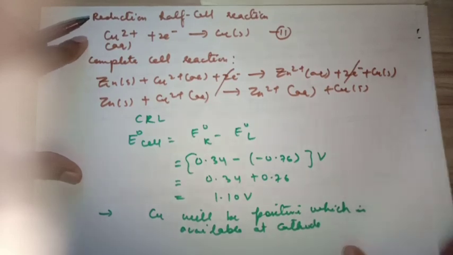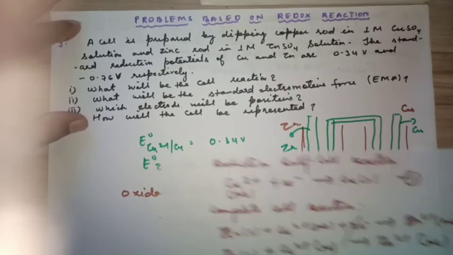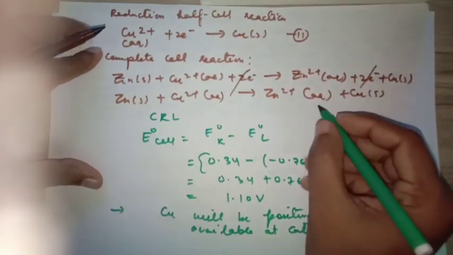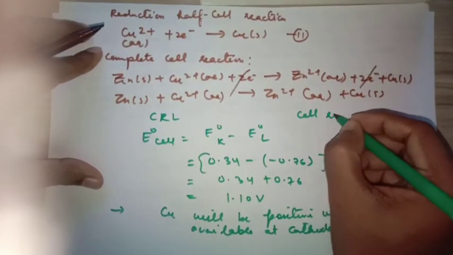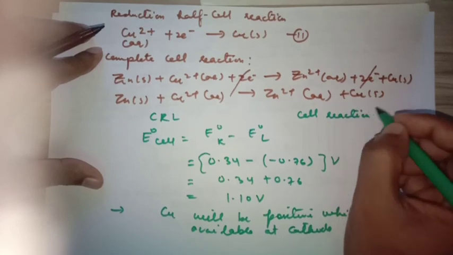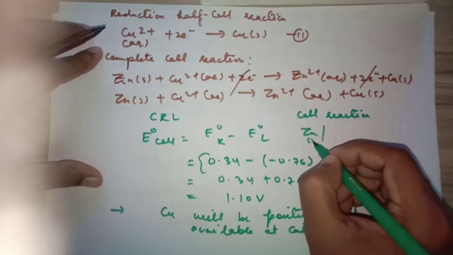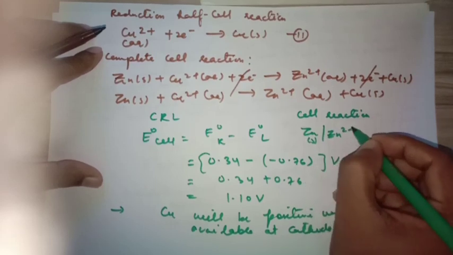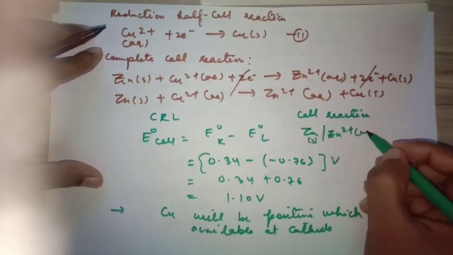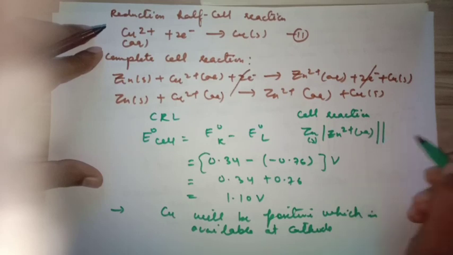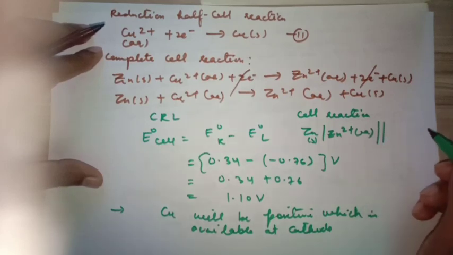The last question we have: how will the cell be represented? So the cell reaction: zinc is undergoing oxidation, and it will be divided by the salt bridge.